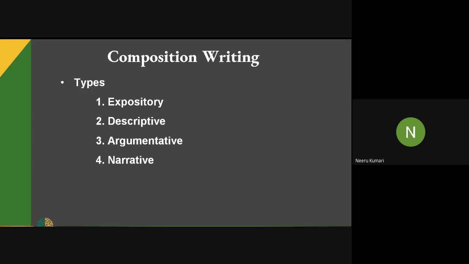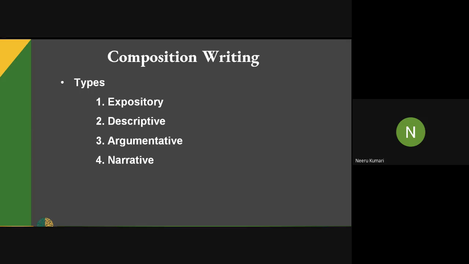Generally, a composition will have five or six paragraphs, which you can identify whenever you are writing a composition. I want everybody to make a note of this, because compositions are broadly categorized into four different types, and we are going to discuss all four in today's class.